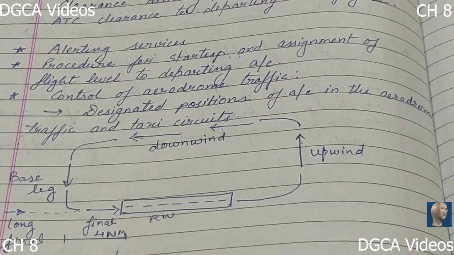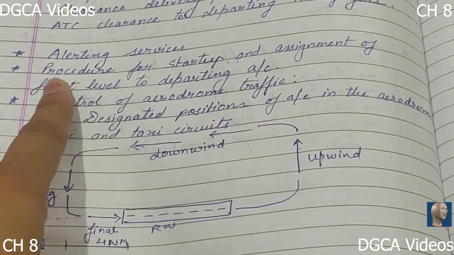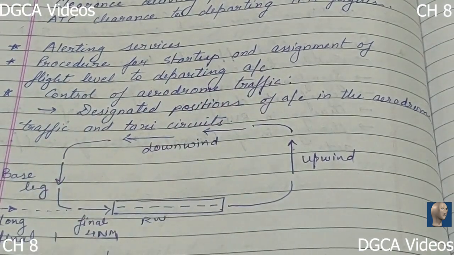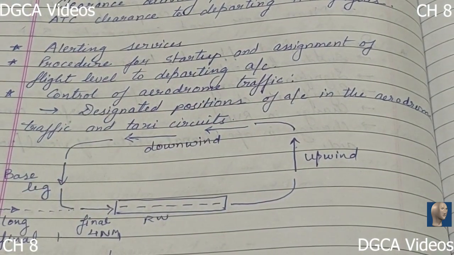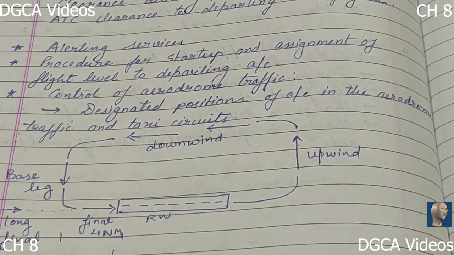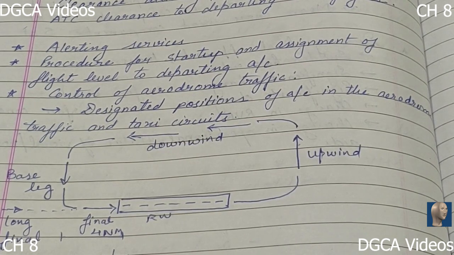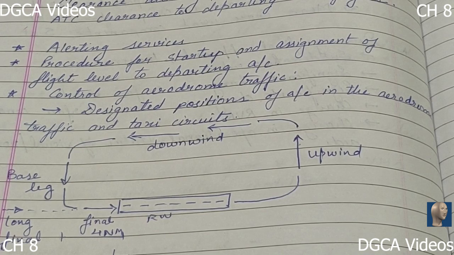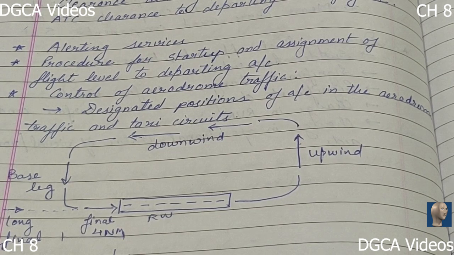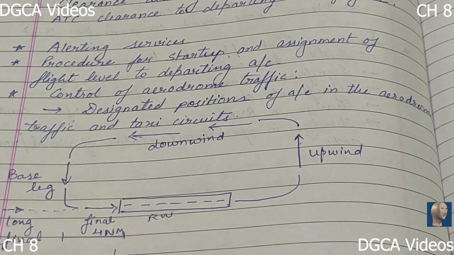Now coming to the next topic, which is the procedure for startup and assignment of flight level to the departing aircraft. In case of departure, again a very common basic thing is there that you can do with common sense only. The aerodrome control services will be providing information and certain instructions regarding your takeoff and landing, and that you have to maintain certain minimum separation between the preceding aircraft.